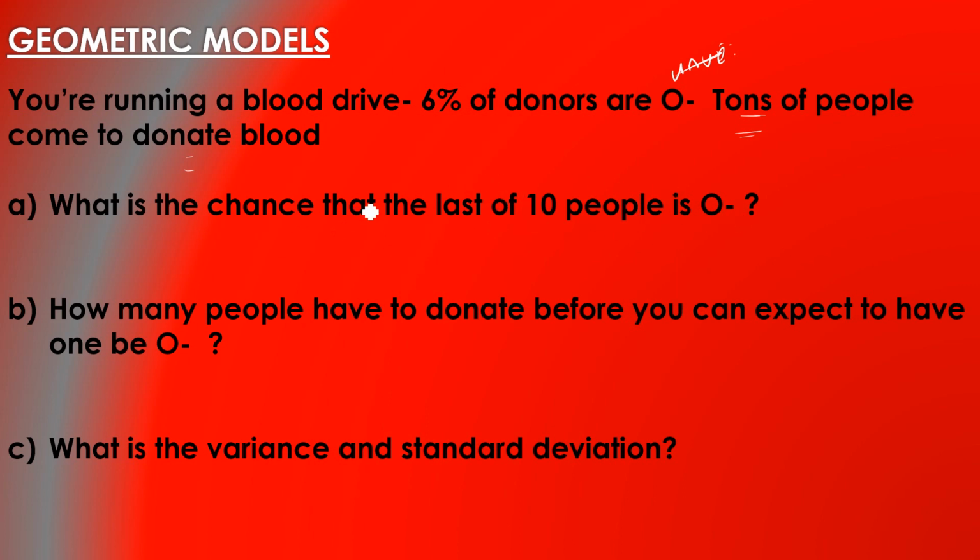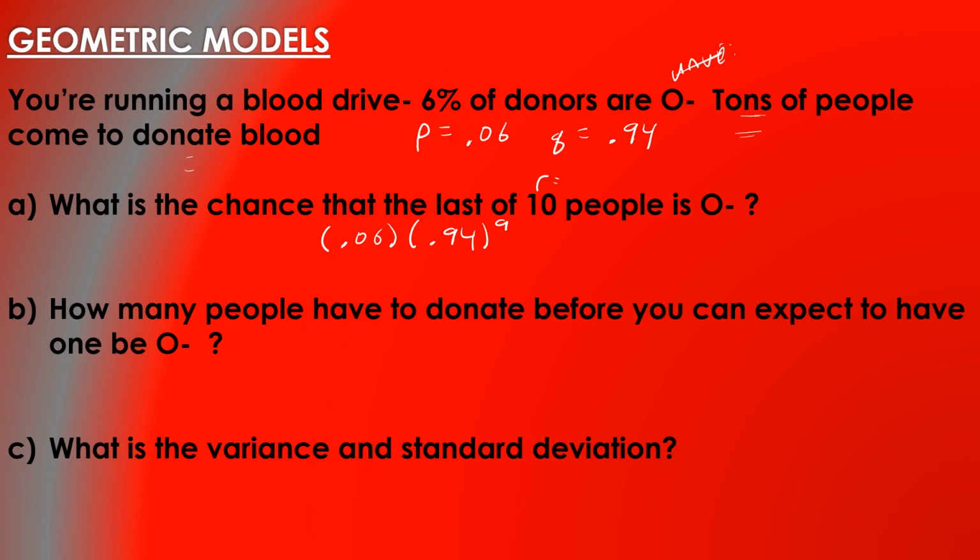What is the chance that the last of 10 people is O negative? So we have 10 people in line, and what's the chance that it takes us the 10th person to actually get a success here? So success is going to be 6%, so 0.06, which means a failure is 0.94. So our probability of that last person is going to be 0.06 times 0.94, and r is my 10, so 10 tries, so to the 9, because this is r minus 1.